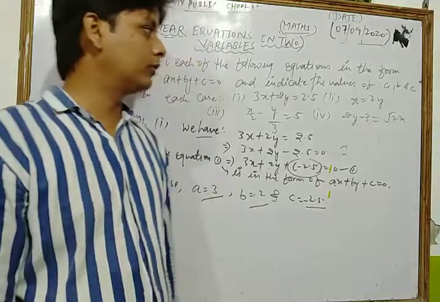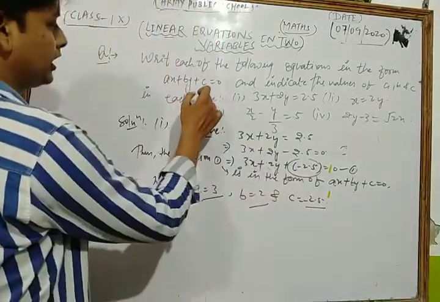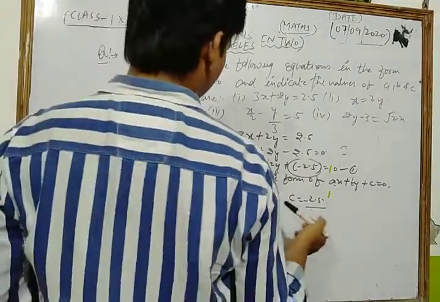Now we take and solve the second part of this question, and we reduce that equation in the form of ax plus by plus c, and also find the values of a, b and c. Let's see.